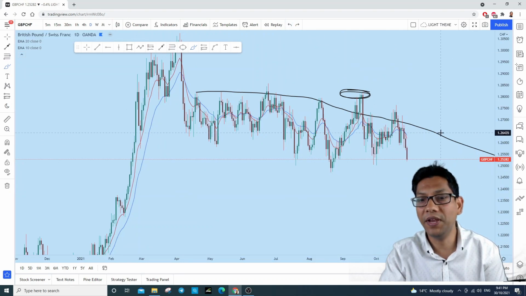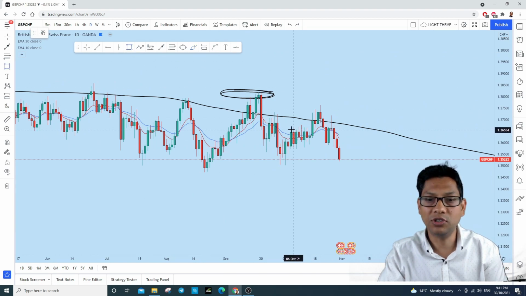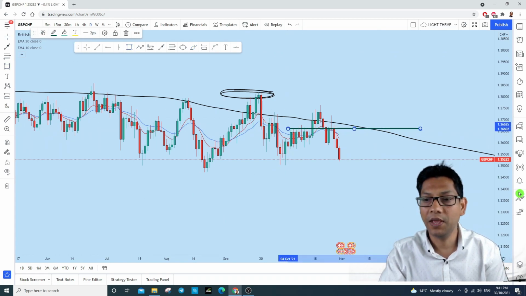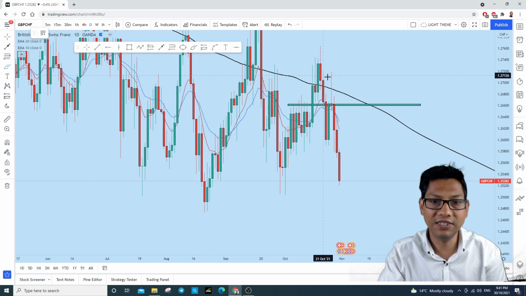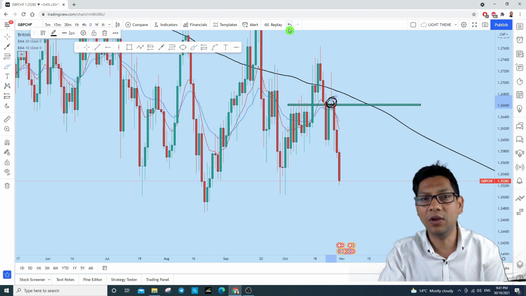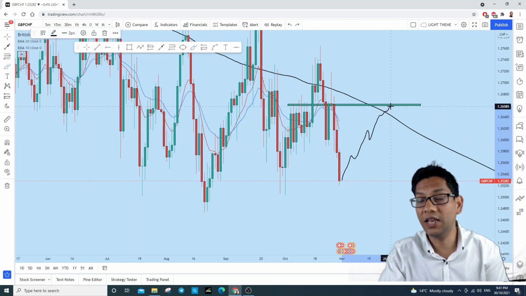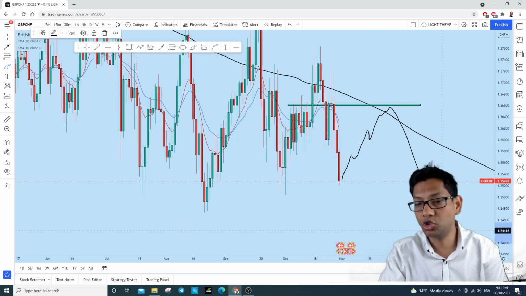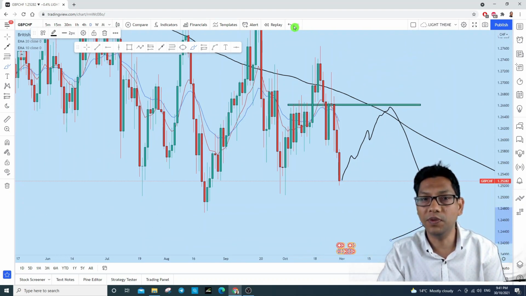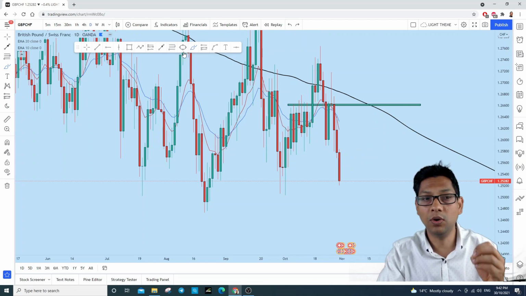So we will be patiently waiting for the price to come into this area, because you see that there is a daily gravestone doji. This is a very high liquidity zone. If the price manages to retrace to this level, we might see a strong breakout from this area, and that is what we will be waiting for.